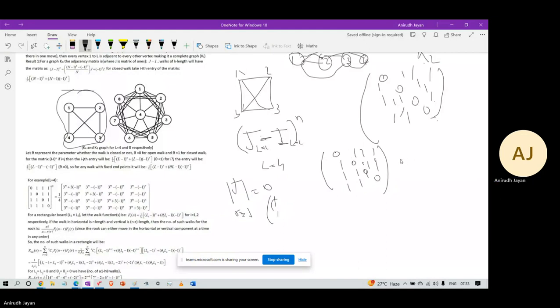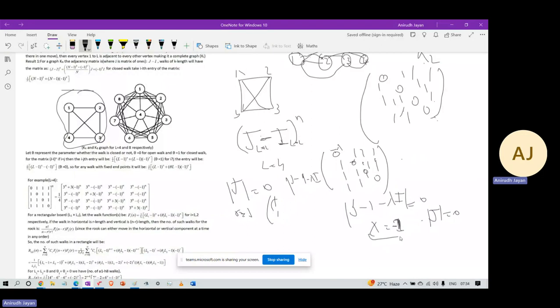So if I have minus lambda here, J minus I minus lambda I, the determinant of this is 0. Now, if I take lambda equal to -1, we end up with the determinant of J equal to 0.